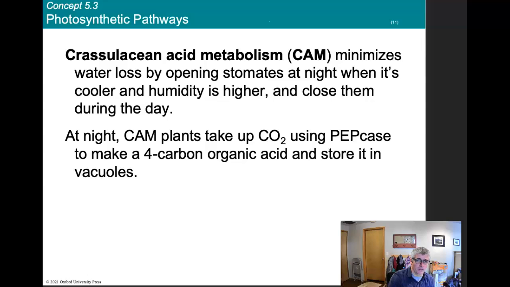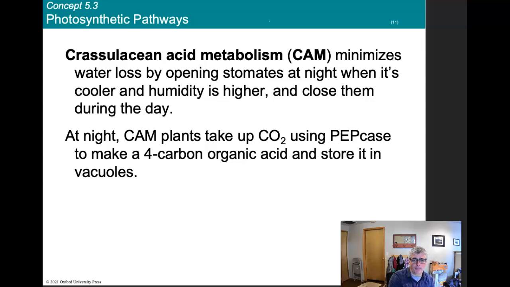There's also the crassulacean acid metabolism, CAM. And CAM minimizes water loss by opening the stomates at night when it's cooler and humidity is higher, and then closing them during the day. So I misspoke a little bit earlier, but stomates in C4 can be partially open and bring in carbon dioxide, where CAM really separates the day and night.